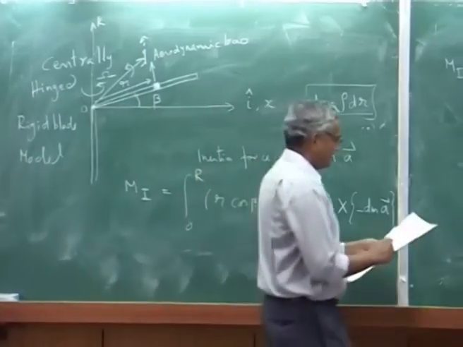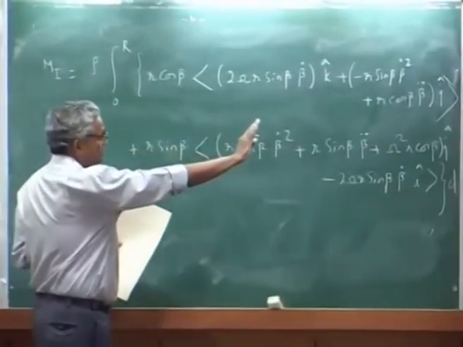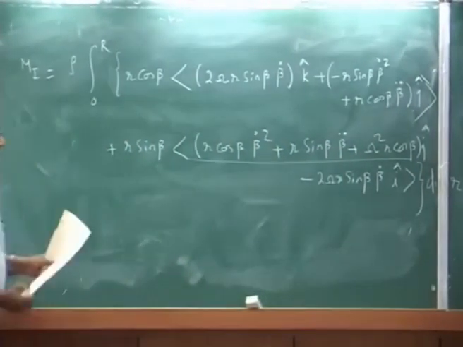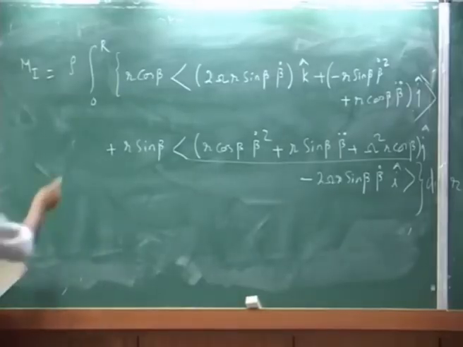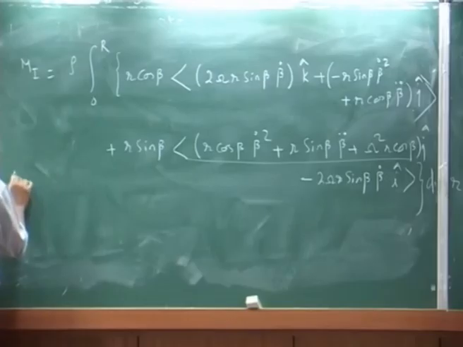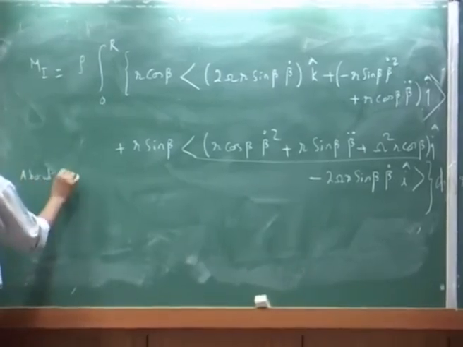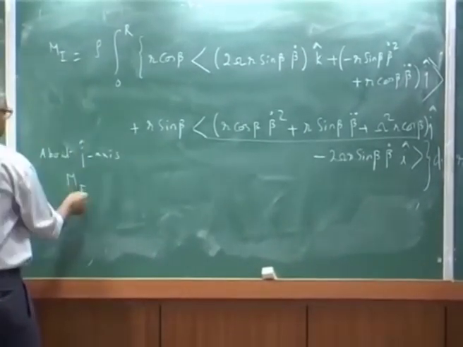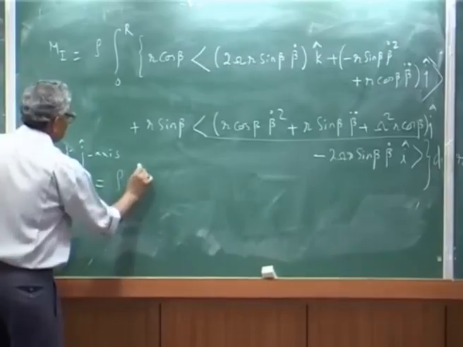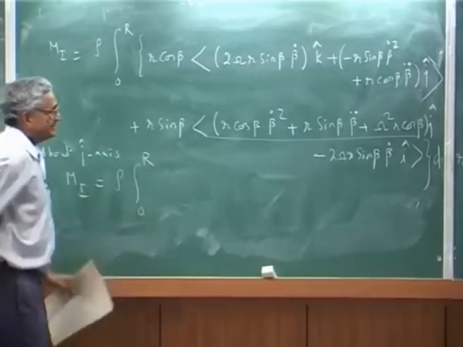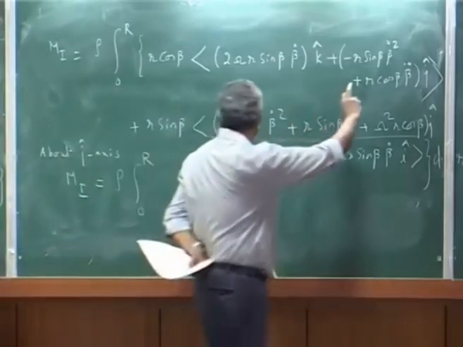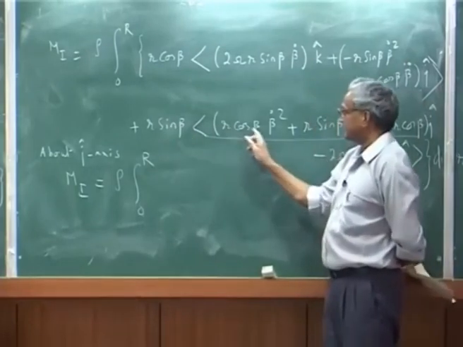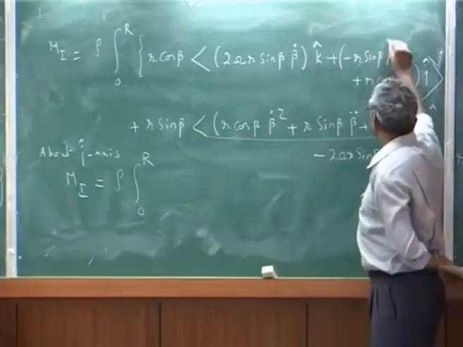So the moment about the j axis: one term is here and another term here. If you add both, that is about the j axis. Mi is a vector, now I am taking it only about j. You will have 0 to r, cos beta minus r sin beta dot square. Here you have r sin beta, r cos beta, so they will cancel out. This term will go.